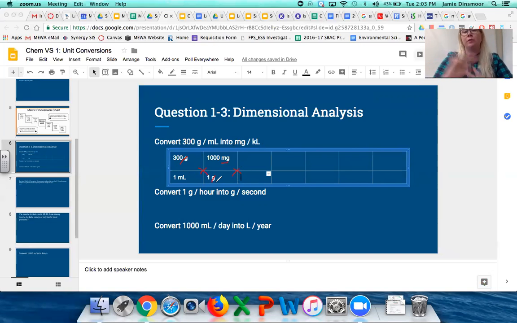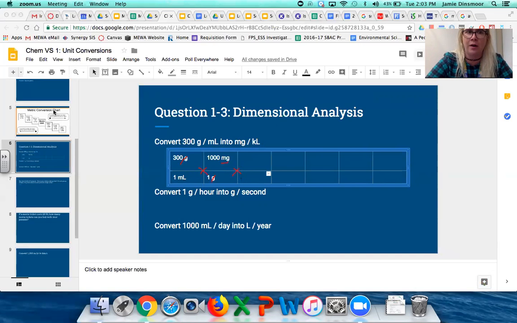Okay, so we don't even do any math yet. We're going to set the whole thing up and do the math in one swoop. So I've gotten rid of grams. That's awesome. I'm in milligrams. We're happy with that, so we're not going to adjust that anymore. Now I need to move from milliliters to kiloliters. So that's going to be a pretty big jump here.